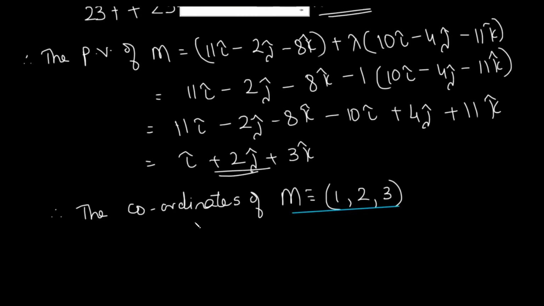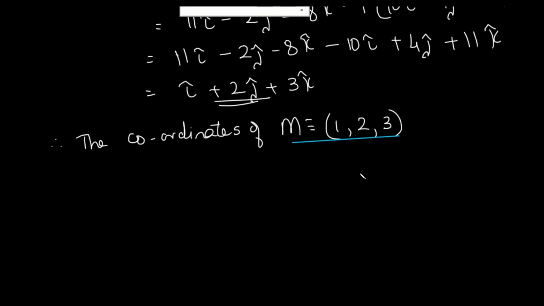Then going further, we also need to find out the distance PM, the length of the perpendicular, they have asked us to find out. So for that we use the distance formula for PM.